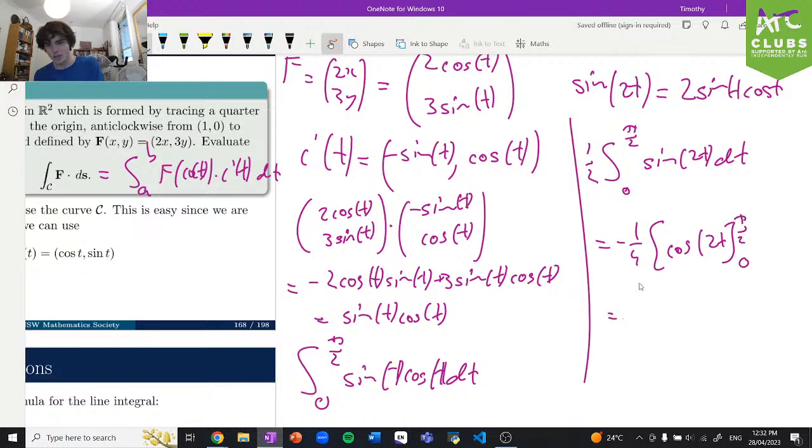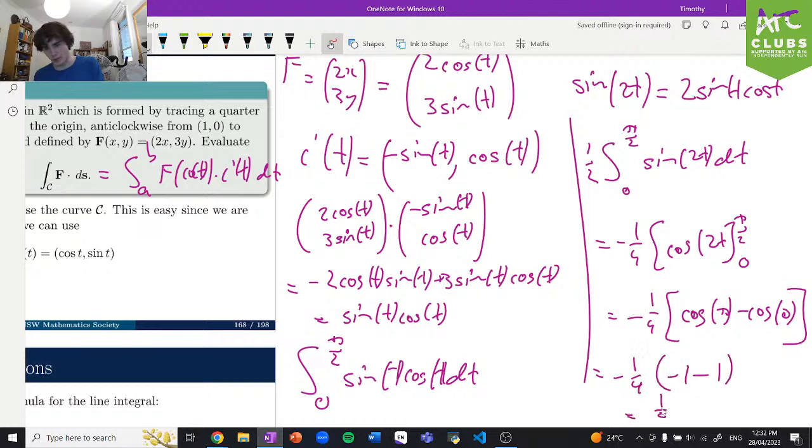Putting the bounds in gives us minus 1 on 4 of (cos of pi minus cos of 0), which is minus 1 on 4 of (minus 1 minus 1), which is 1 on 2.